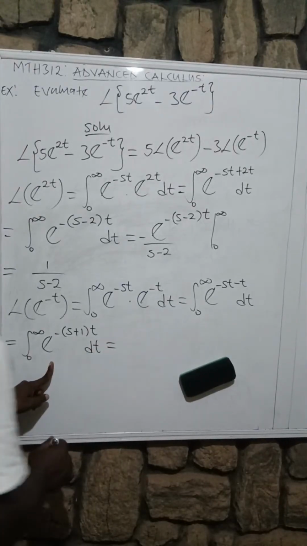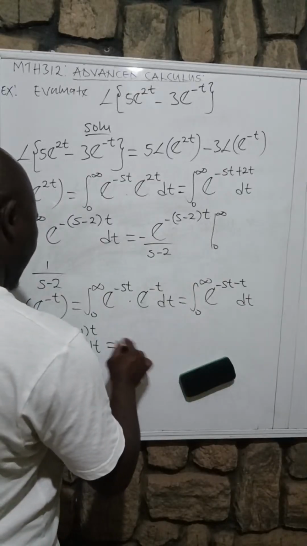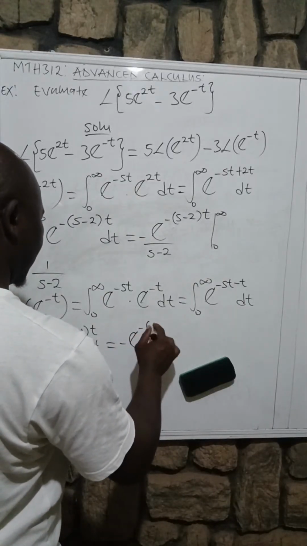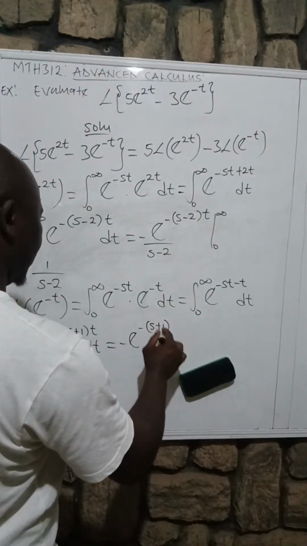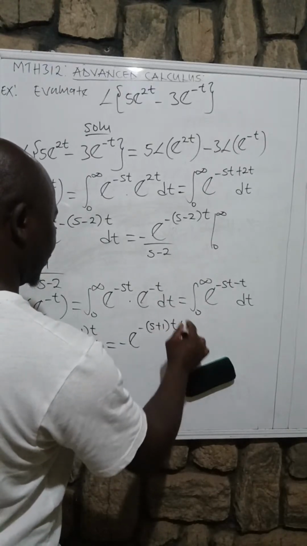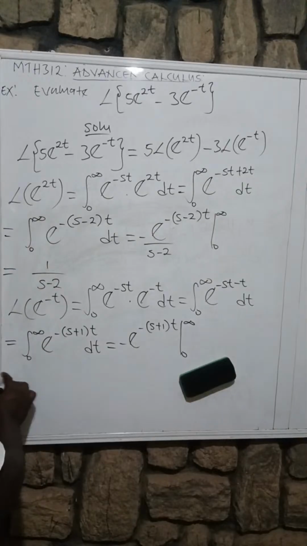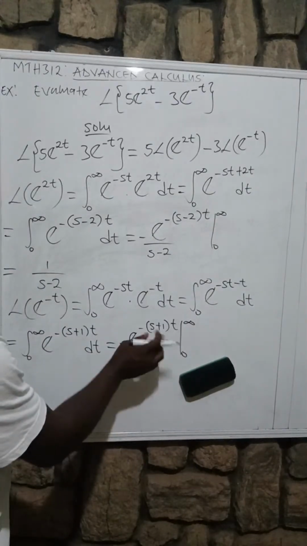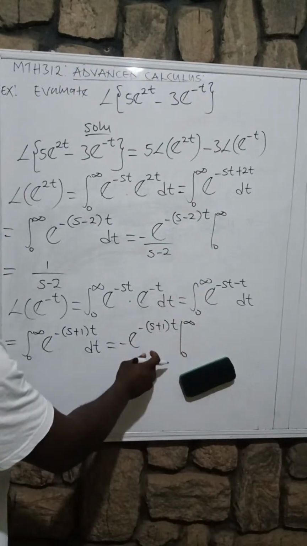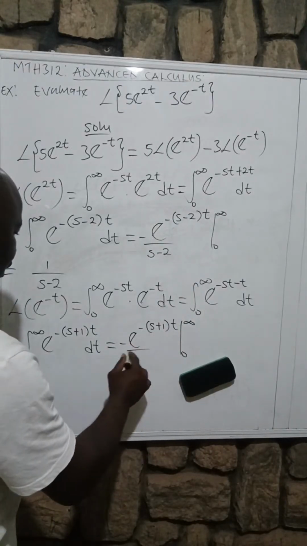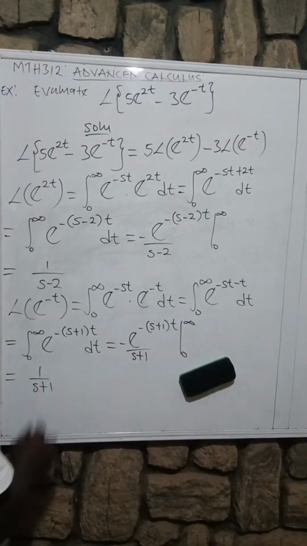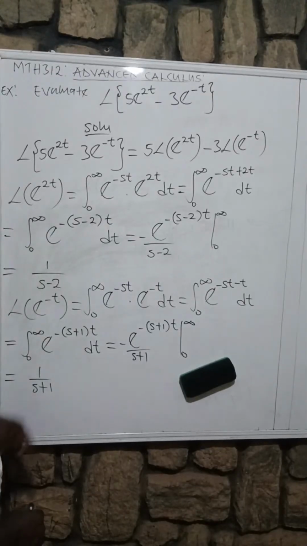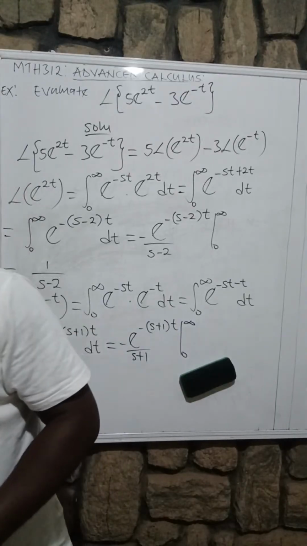Now when you integrate this, we are going to have minus open bracket minus exponential minus open bracket s plus 1 t at 0 to infinity. Then when you substitute in 0, this will give us all over s plus 1. So here will be 1 all over s plus 1. True or false? It's true. This will give us 1 all over s plus 1. True or false?